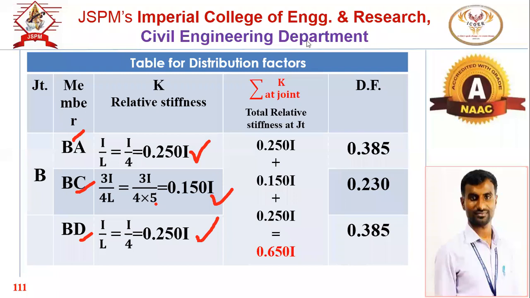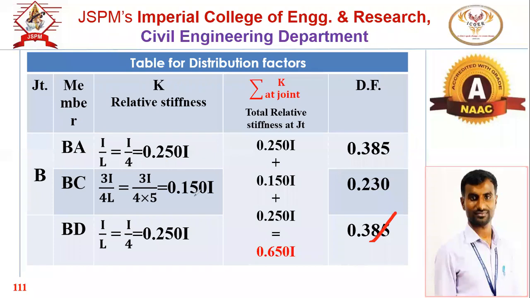Now next, make the summation of relative stiffness at a joint. So add these three values. What we get is 0.650. This is the total relative stiffness at a joint. For the distribution factor, it is K by summation of K. For BA, K is 0.25 divided by 0.65, that is nothing but 0.385. Similarly, for BD the relative stiffness is same, so 0.25 divided by 0.65, that is also 0.385.